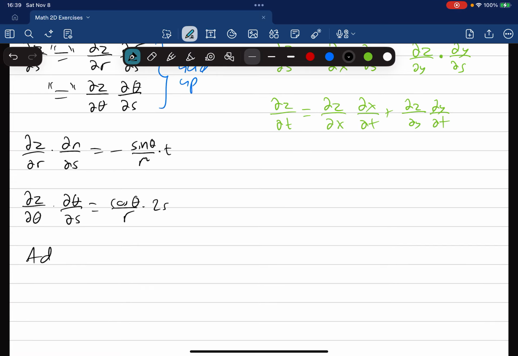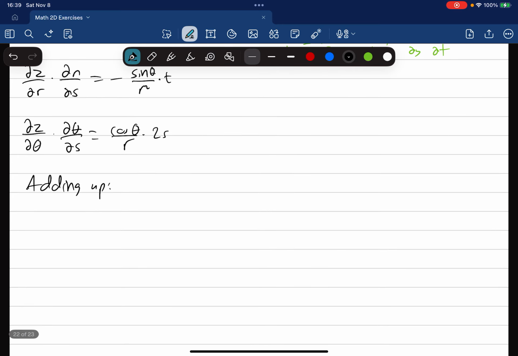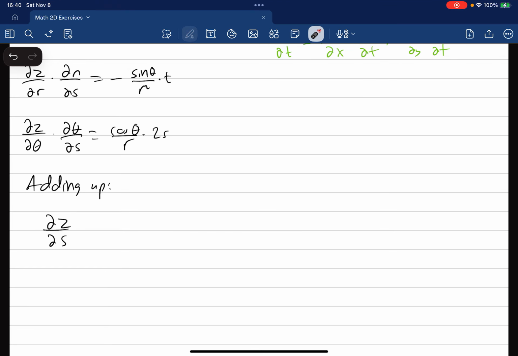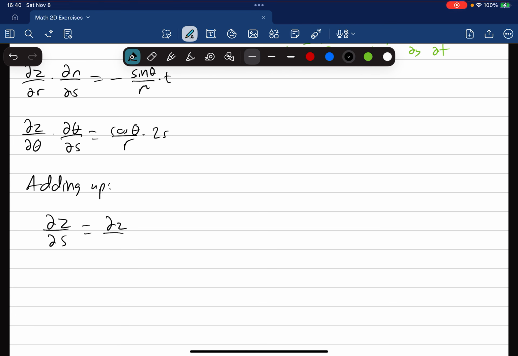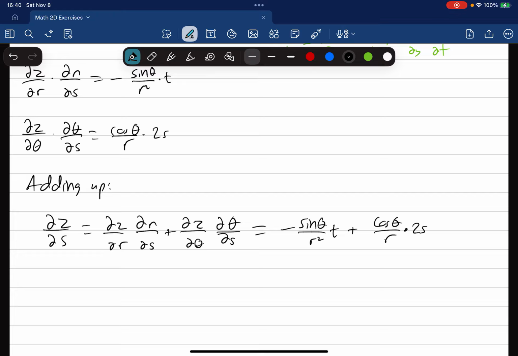And so adding up, we get that partial z with respect to s, because we're calculating here with respect to s, will be just this term plus this term, times partial theta with respect to s, which works out to be negative sine theta over r squared t plus cosine theta over r times 2s.